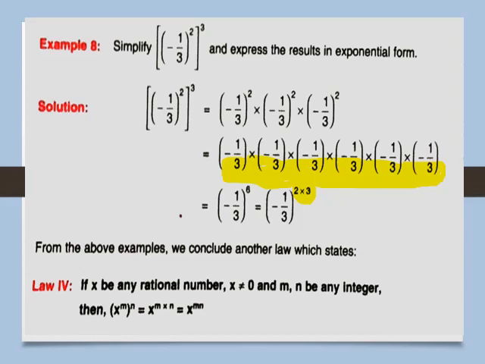So if x is any rational number, x not equal to 0, and m and n are any integers, then x raised to the power m and whole raised to the power n equals x raised to m multiplied by n, that is x^(mn). This is the fourth law of exponents.